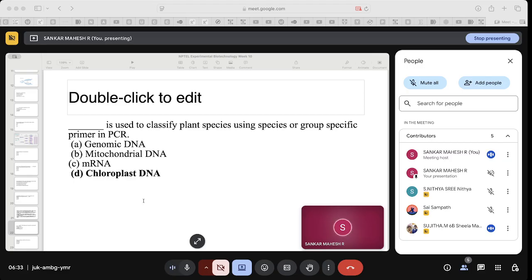No. I'm asking what particular DNA stretch can be uniquely present in each prokaryote. Okay, no issues. So, have you heard of the ribosome? Any of you? Yes. So, do you know what this S corresponds to?